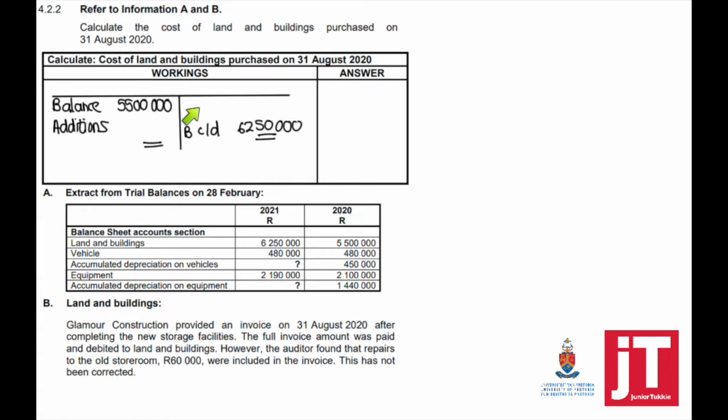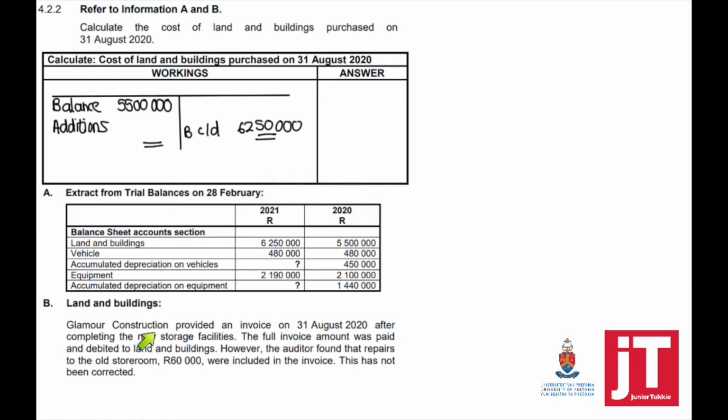You should know that land and buildings at cost consists of the balance in the beginning, plus additions, minus, if we've disposed of that asset, minus the balance at the end.